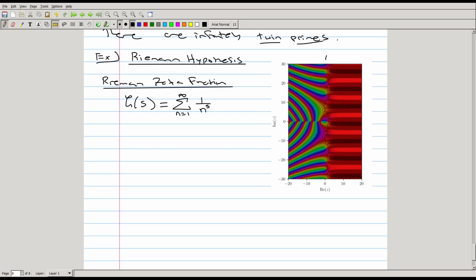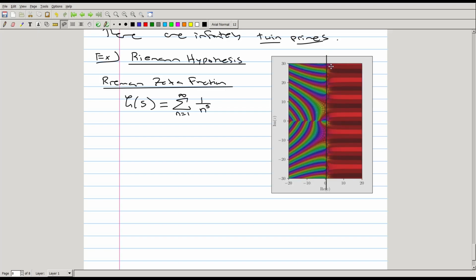And sure enough, we can actually prove that all of the non-trivial zeros must be between a real part of 0 and a real part of 1. But the conjecture, or the hypothesis, is that all of the zeros lie on the line where the real part of the complex input is 1/2.